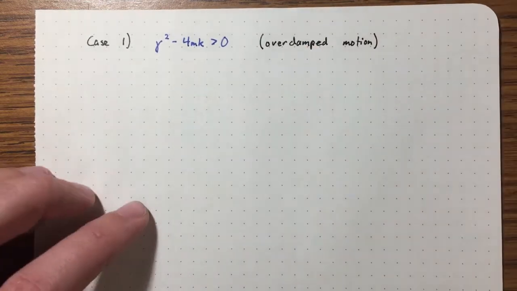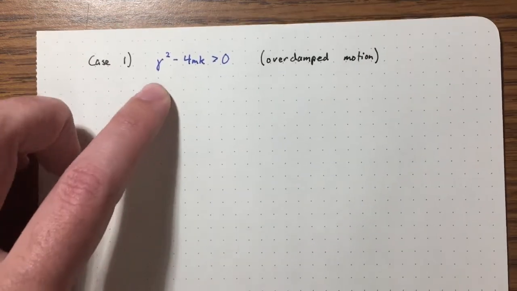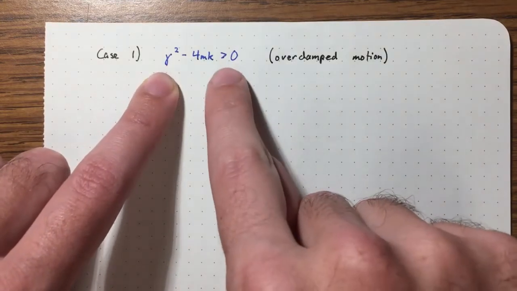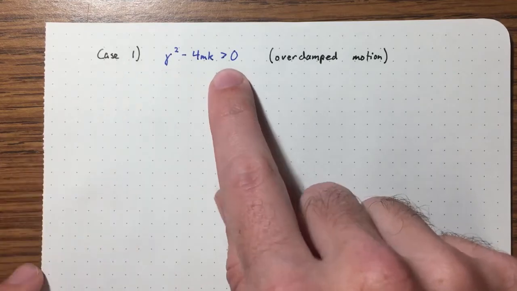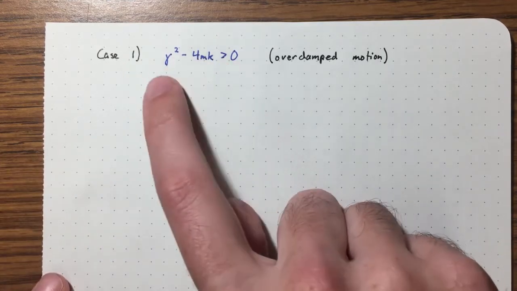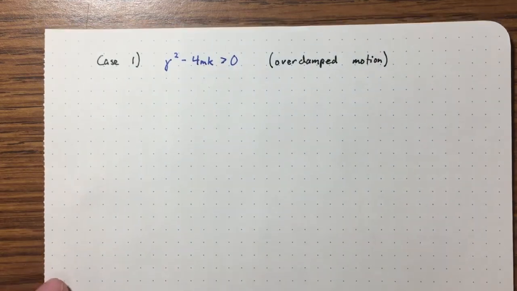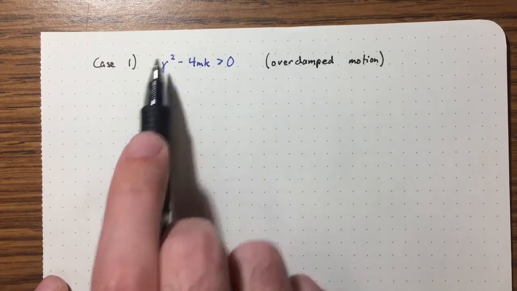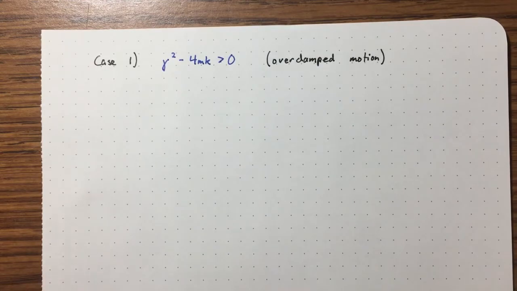It's too much damping. Remember, gamma is a damping coefficient, so as gamma increases, we're more likely for this to be positive, right? And eventually this will become positive if we increase gamma enough. So if this is positive, it means that gamma squared is large relative to 4mk.